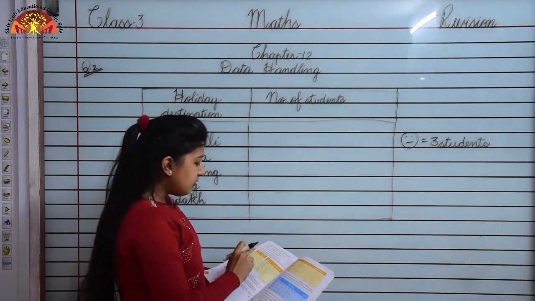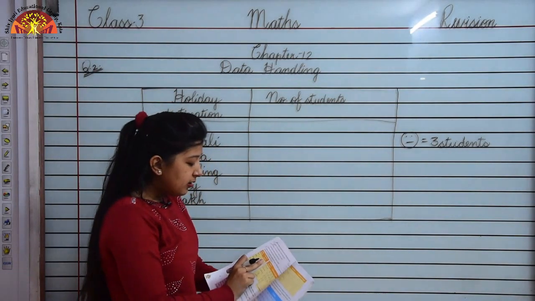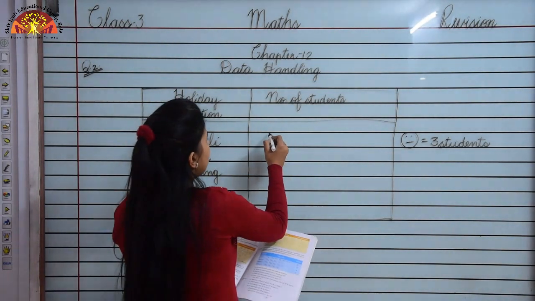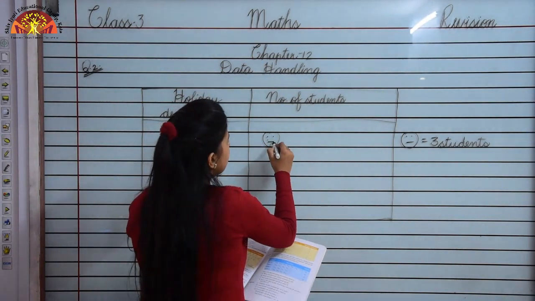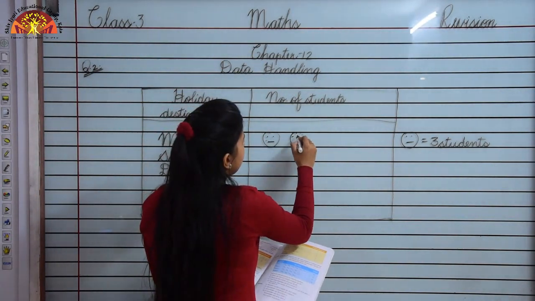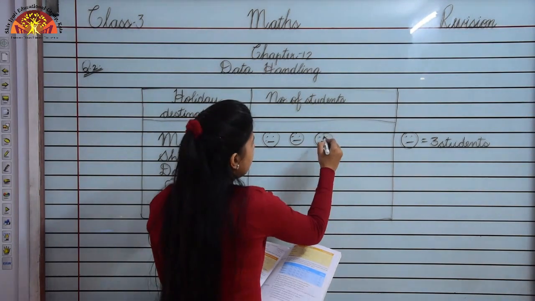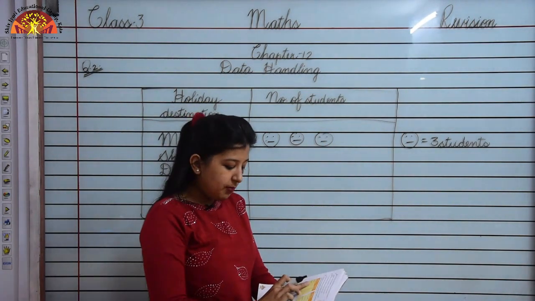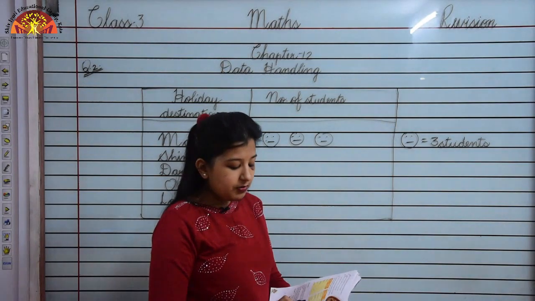So for 9 students who liked Manali, we have to draw 3 smileys. So we will draw 3 smileys here. Fine. Now 15 students liked Shimla. So how many smileys will we draw here?